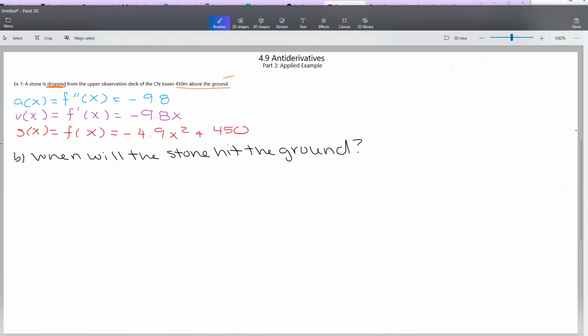In this example, when we have hit the ground, this means that the height should be 0. So we'll plug in 0 for height, and then we'll solve for x.